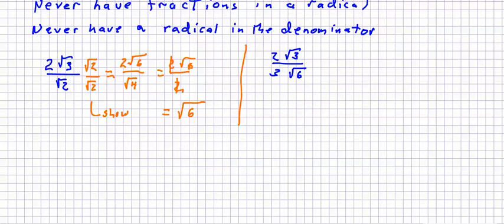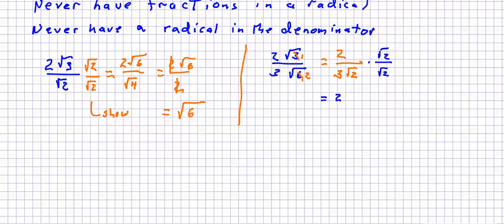The numbers outside the square root can't simplify, but the numbers inside the square root can. 3 goes into 3 once, and 3 goes into 6 twice. So this is really equal to 2 times the square root of 1, or 2, over 3 square root of 2.